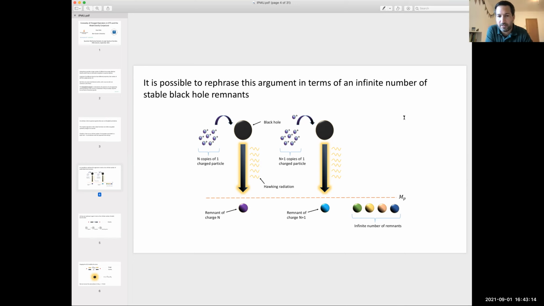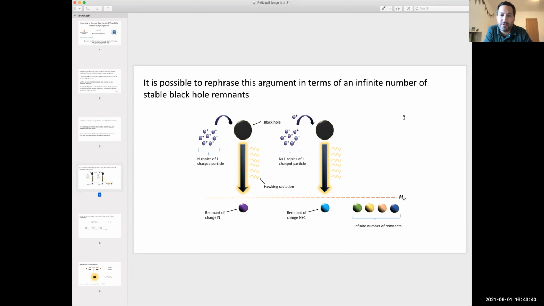That's what we mean by the fact that there could be an infinite number of possible microstates of a fixed black hole mass. And you can rephrase this infinite entropy argument in terms of an infinite number of stable black hole remnants. The argument is exactly the same, except you let Hawking radiation take away the mass of the black hole all the way down to the Planck scale, where we don't know what happens after that.